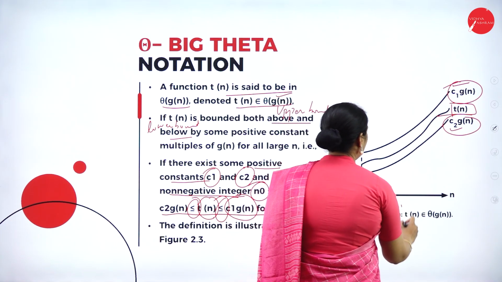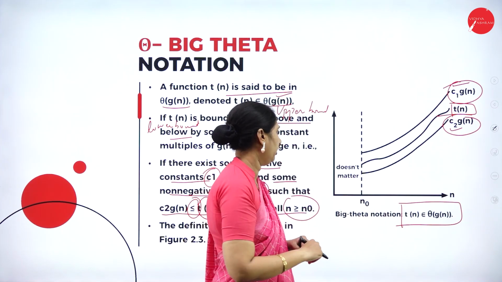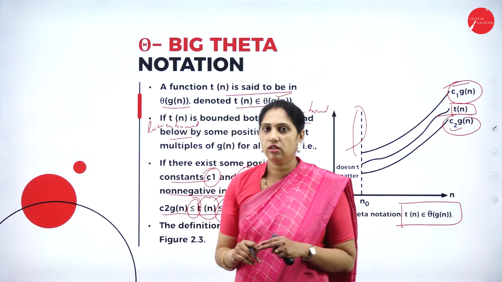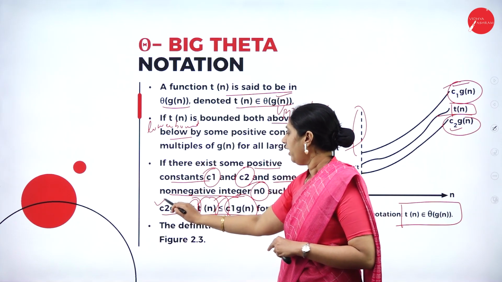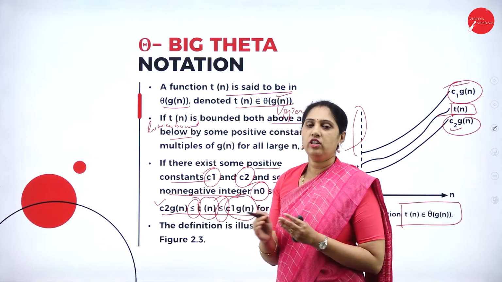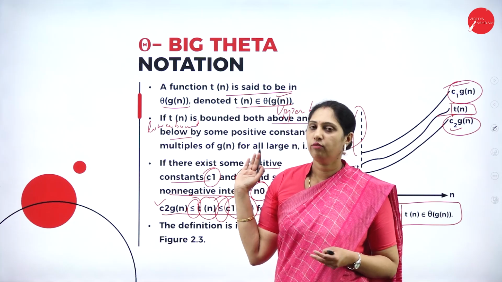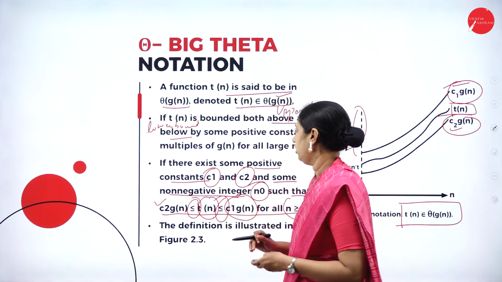And we already know that this function belongs to theta of g of n. This is also the same thing, no changes in all the three notations. So it's very easy. You have to denote this and tell what C1, C2, and this function are, and you can write this figure. These are the three types of asymptotic notation.